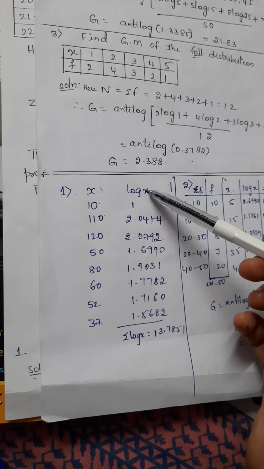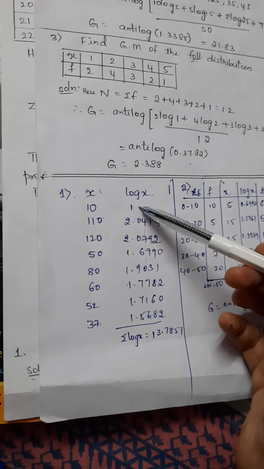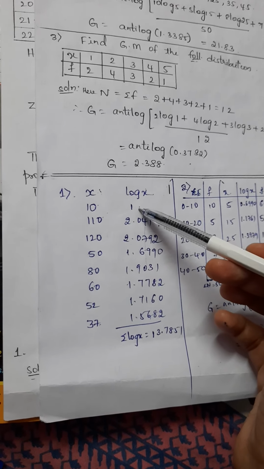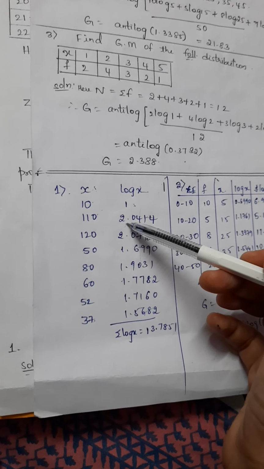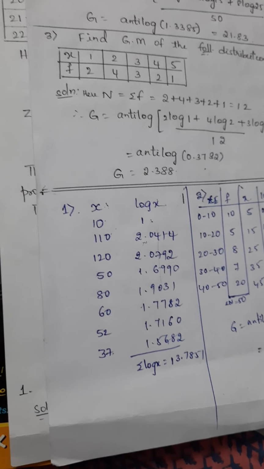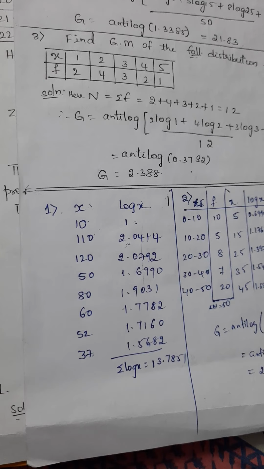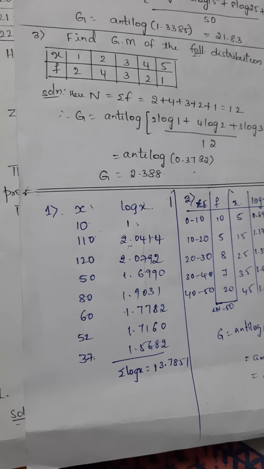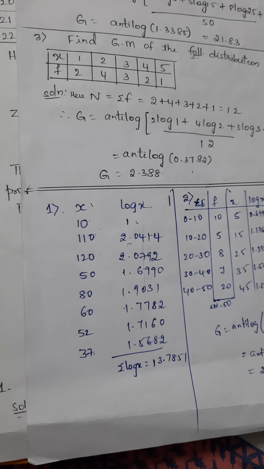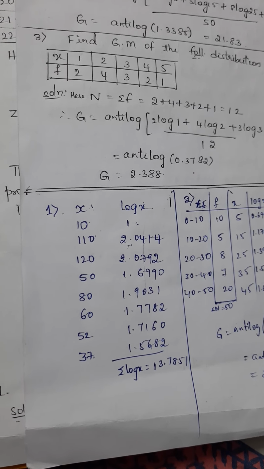Then I want log x values. I will calculate log x values using the calculator. Log 10 is 1. Log 110 is 2.0414. Log 120 is 2.0792. Log 50 is 1.6990. Log 80 is 1.9031. Log 60 is 1.7782. Log 52 is 1.7160.